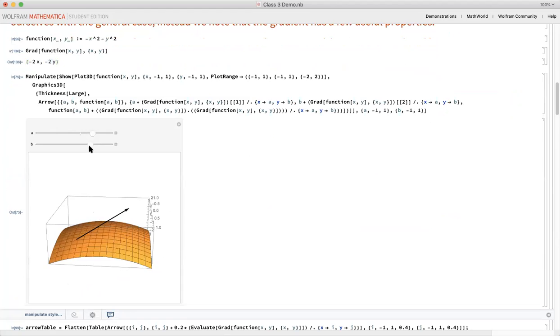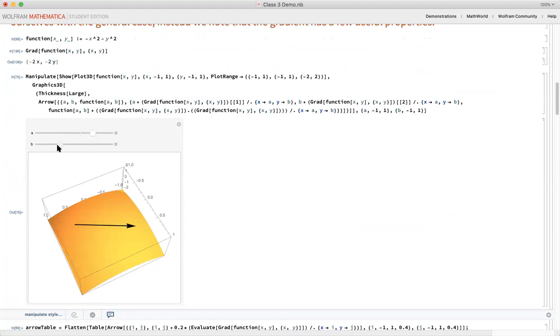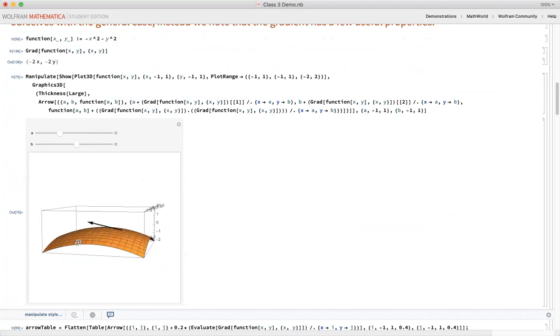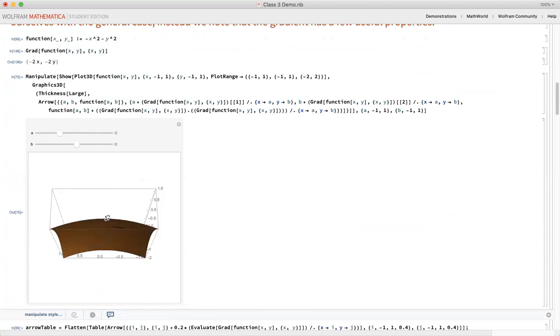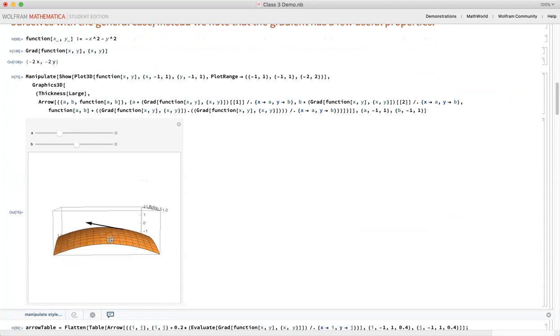Now, if you're kind of astute, you can see I'm dragging the base of that arrow, and then that arrow is the gradient at whatever point I'm on. Now you might correctly be saying, but wait a moment, Charles, the gradient's a 2D vector, and what you're plotting here is a 3D vector. And you would be entirely correct. So I'm cheating a little bit here.